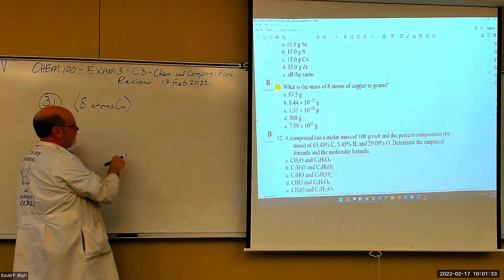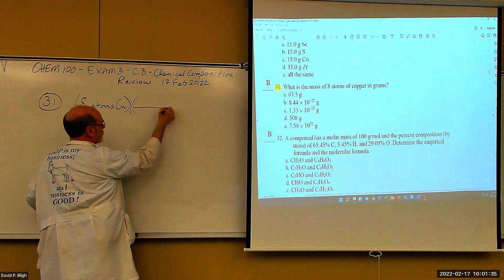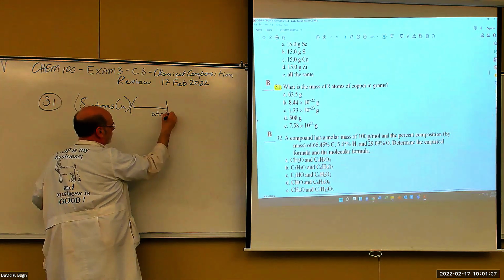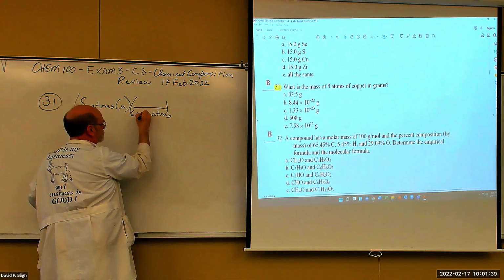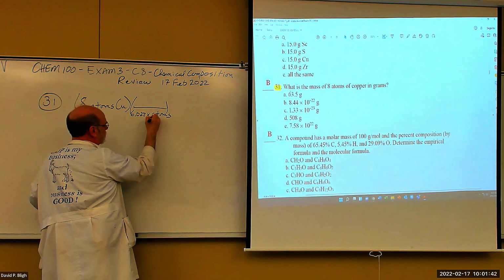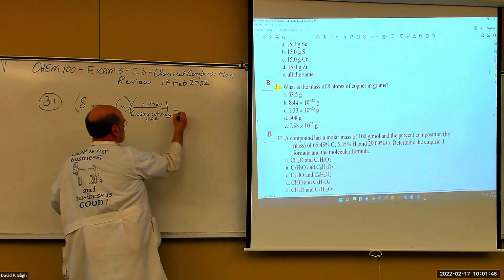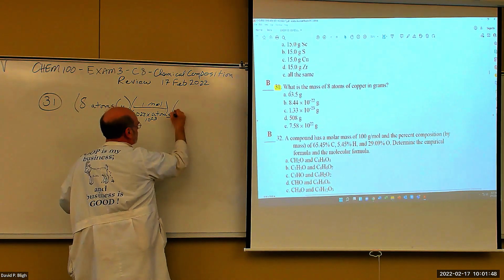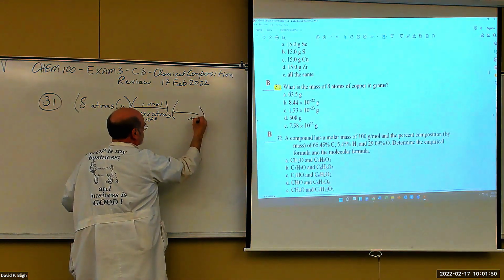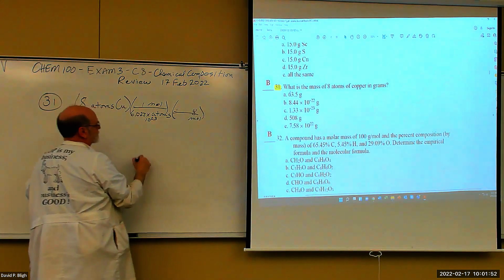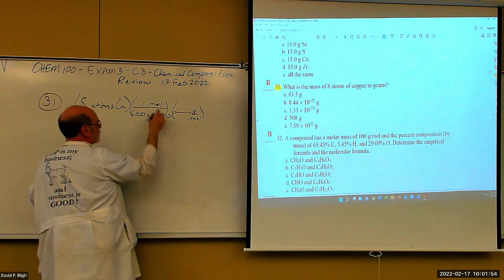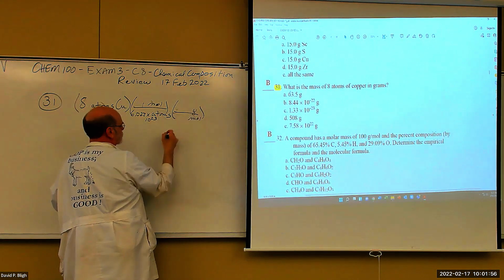You can't get there directly. You have to chain it together. Right? Make moles out of it first, then cancel the moles with molar mass. Right? So the atoms are gone, moles are gone, we're left with grams.